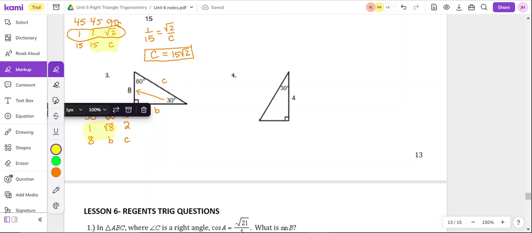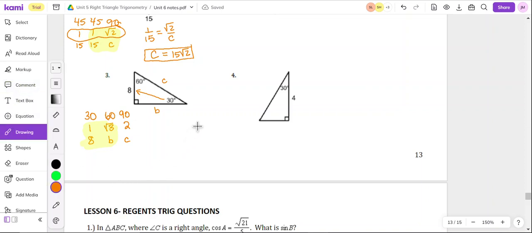The 45, 45, 90 can be really easy, but this one we actually have to go through the math. I'm not going to rewrite this one. So B equals what? Beautiful. Done.